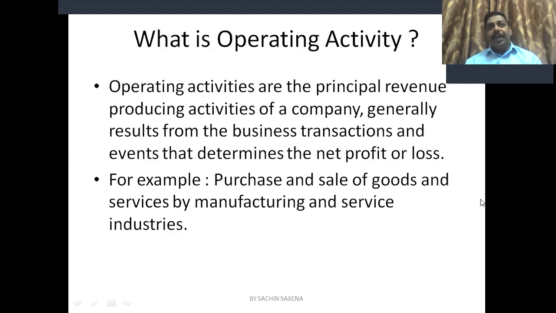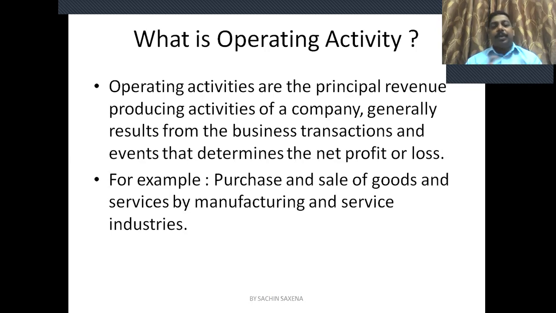What is operating activity? Now here is a question: what is operating activity? I told you that it is the general business activity for which we stand in the business. Operating activities are the principal revenue producing activities of the company, generally resulting from the business transactions and events that determine the net profit and loss.